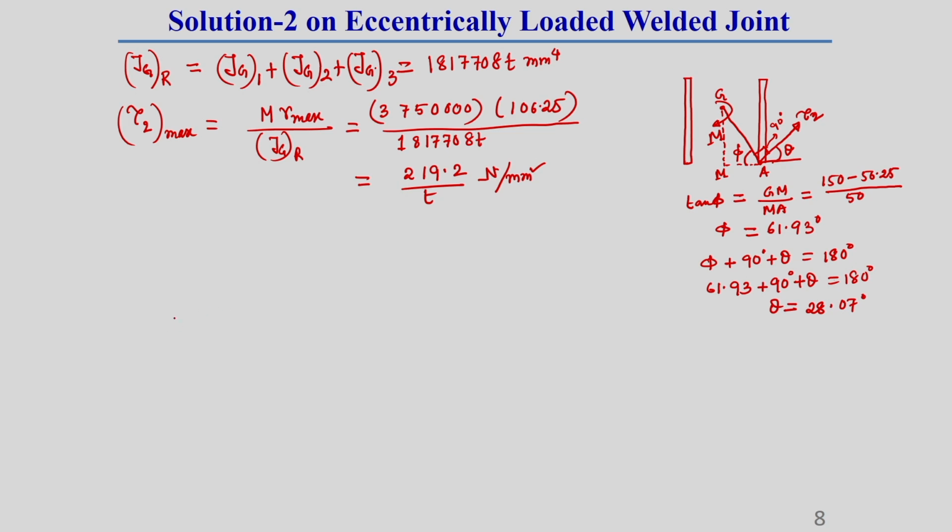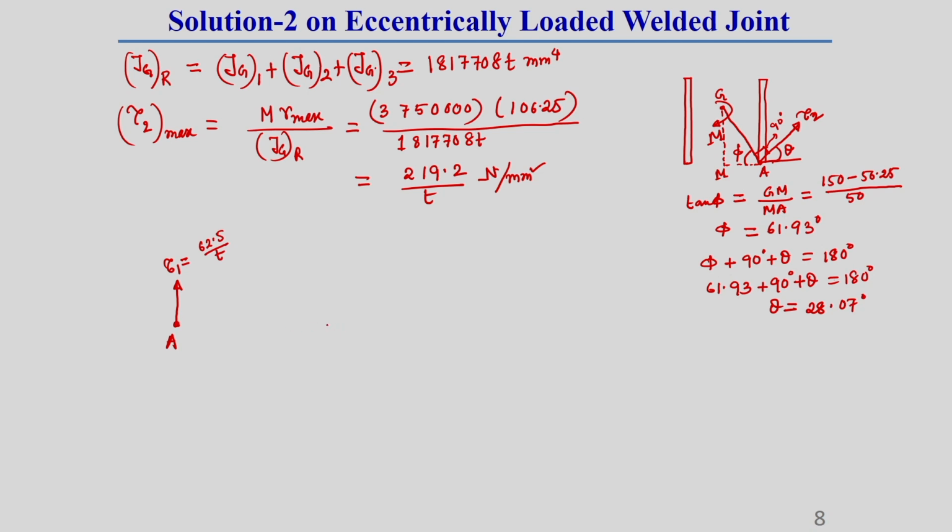Let this point be A. At this point A, tau 1 is known to us. Tau 1 we have already calculated: this is 62.5 divided by t.